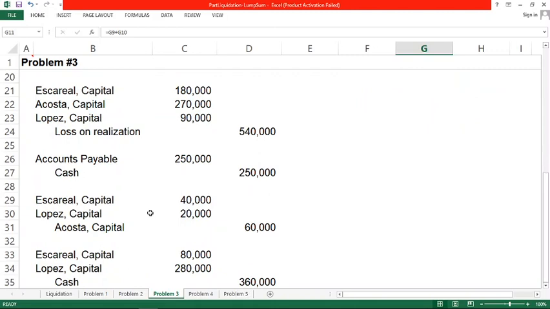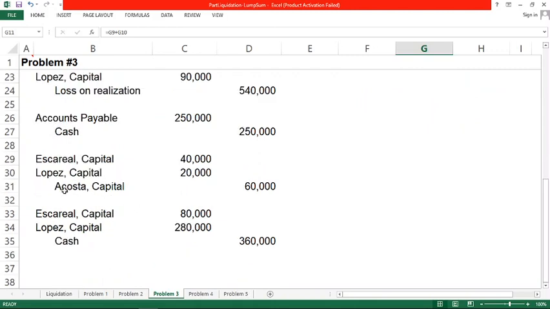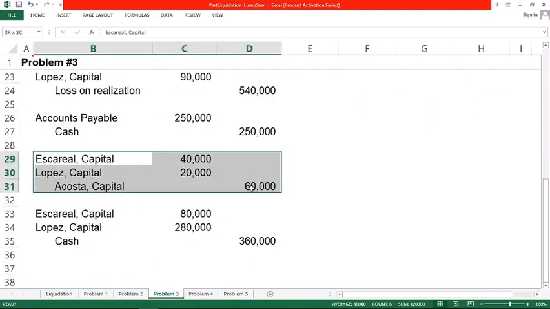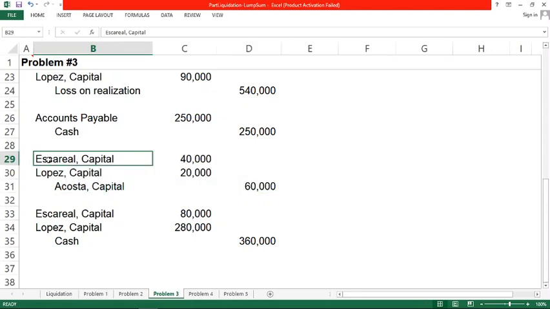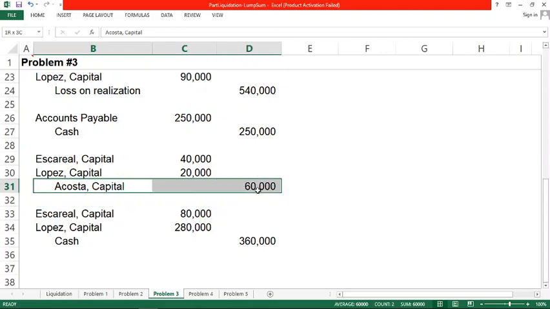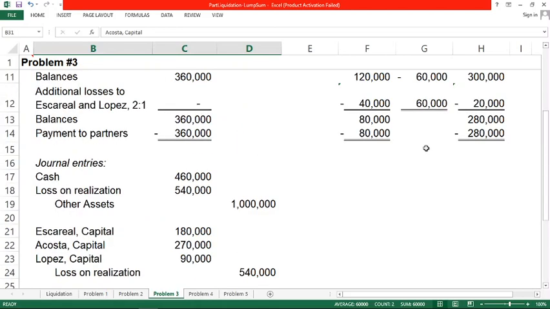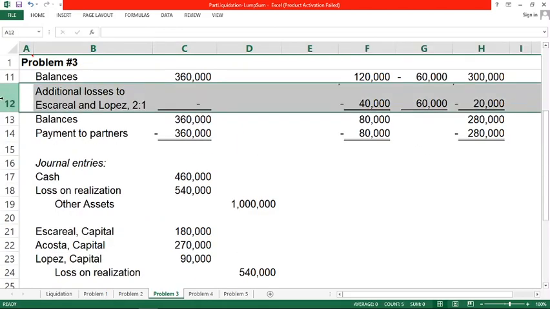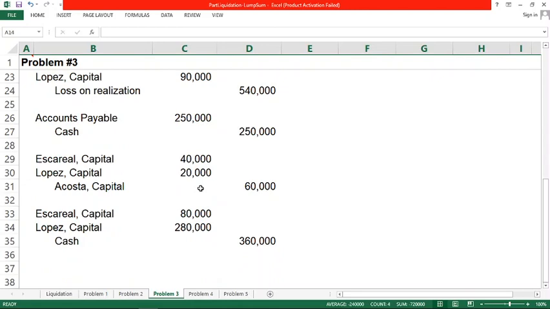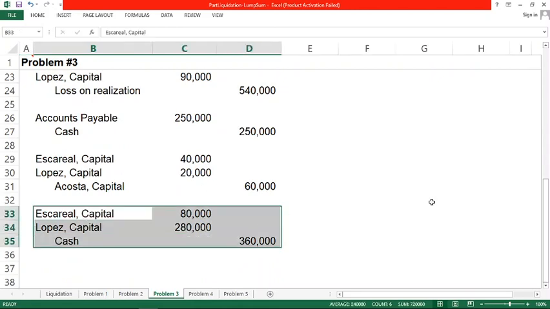So, if naka-debit na si Acosta, kailangan i-credit para ma-absorb ni Iscarial and Lopez ang kaniyang loss. So, Iscarial now will be deducted by 40 and Lopez will be deducted by 20 para maging zero si Acosta, para ma-eliminate ang kanyang debit balance. And then after that, ito na yung step na yon. After this will be here, the payment. Ayan. Okay?